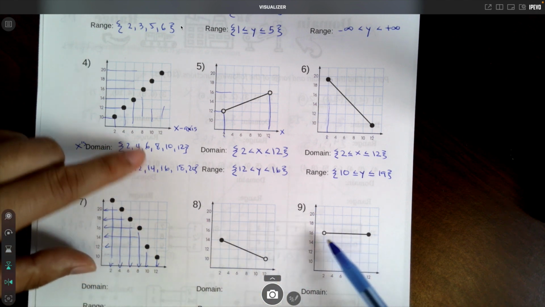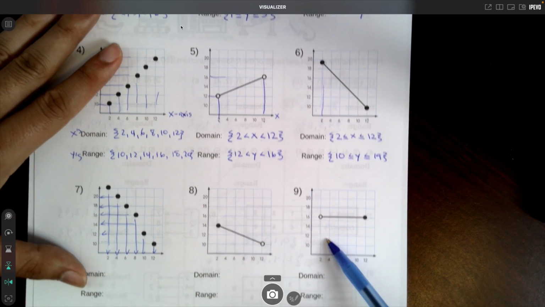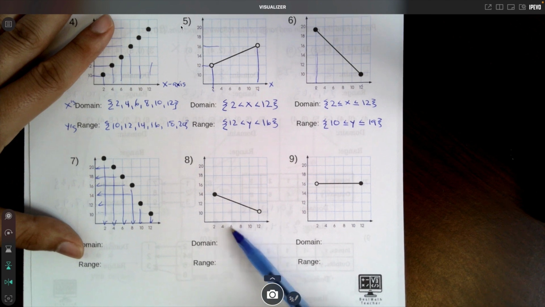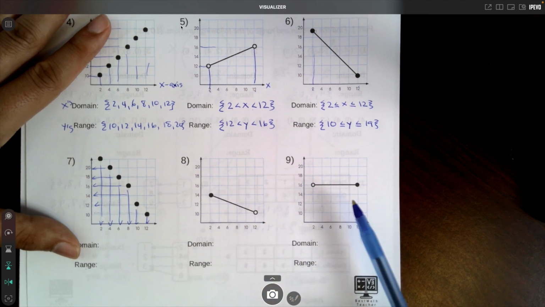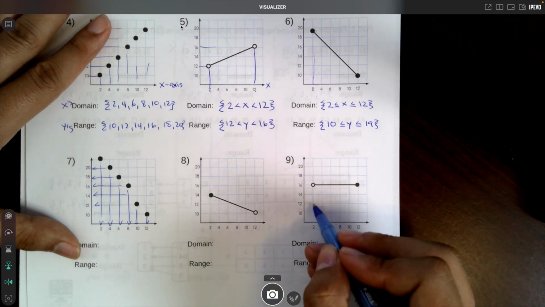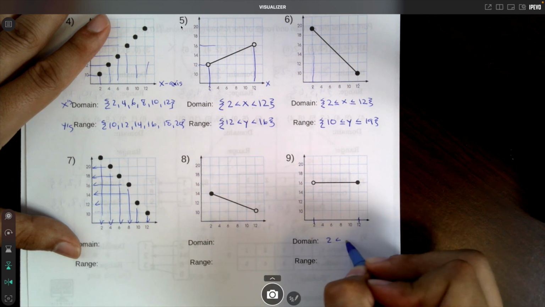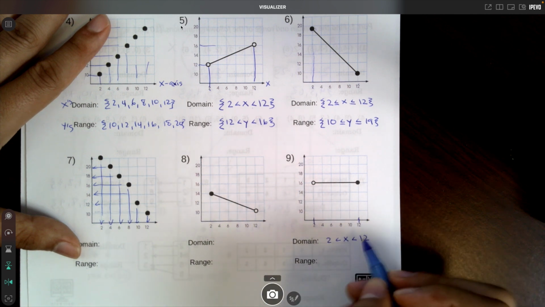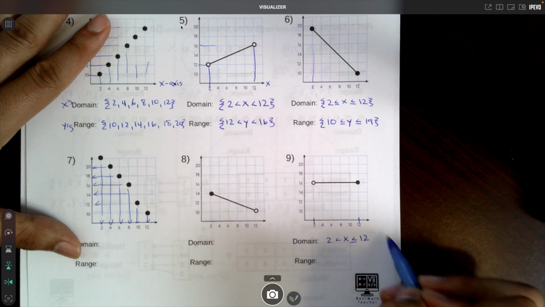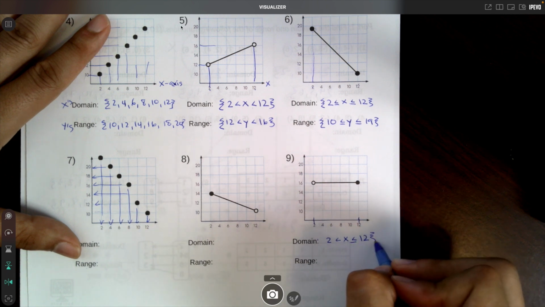The only tricky one I would say is this one. So I'm not going to do this one so that you guys can work on it, but this one's a little tough. So domain, all your x values, it's from 2 to 12, but it includes 12, so we put a little line on the bottom right there.